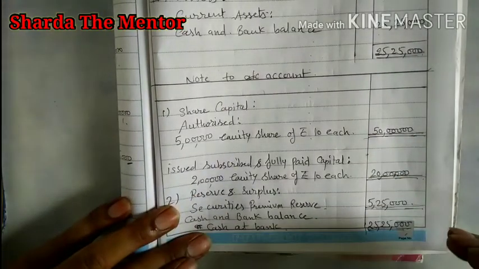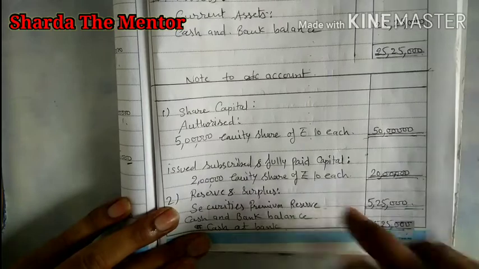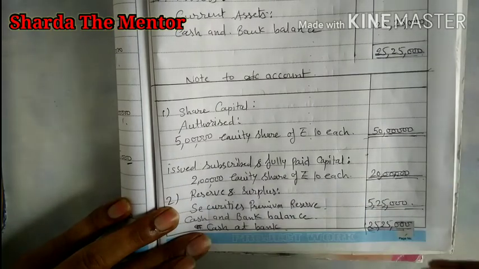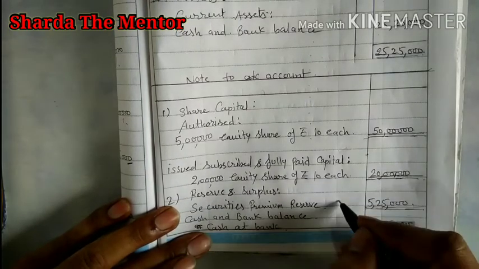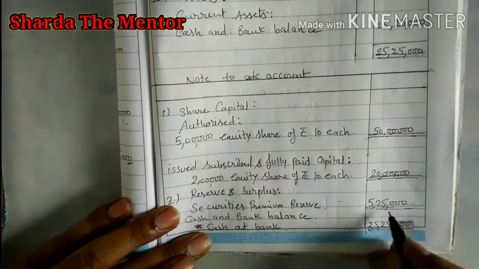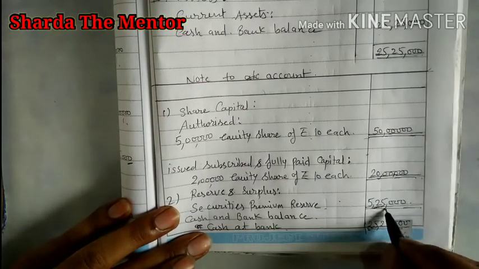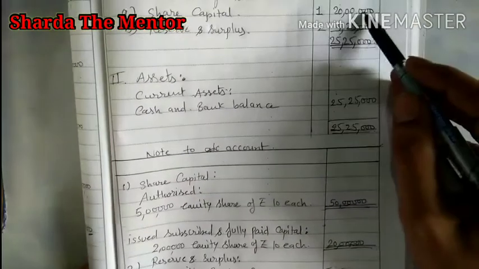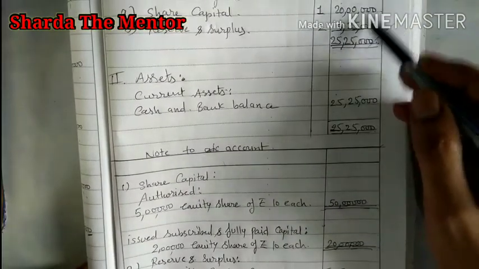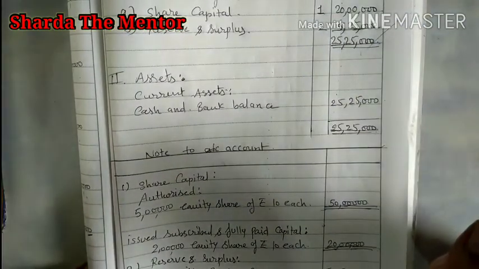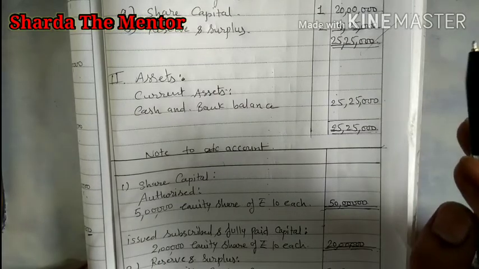Security premium reserve was 6 lakh, but out of that 75,000 we wrote off, so remaining is 5 lakh 25,000. So total 20 lakh here, 5 lakh 25,000 here, so total 25 lakh 25,000 we have mentioned here.